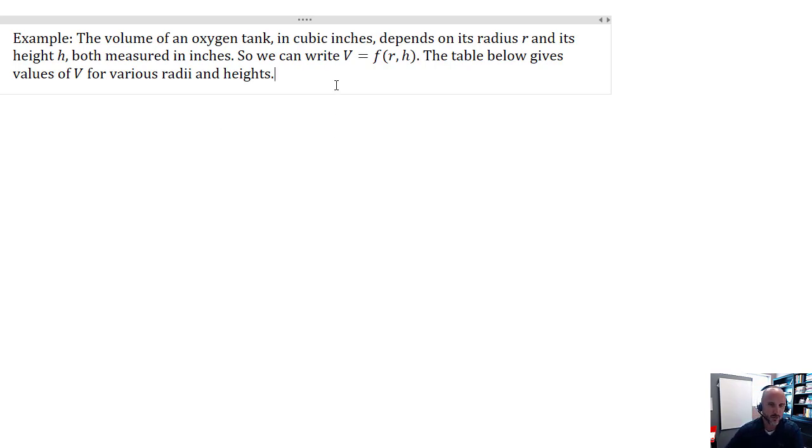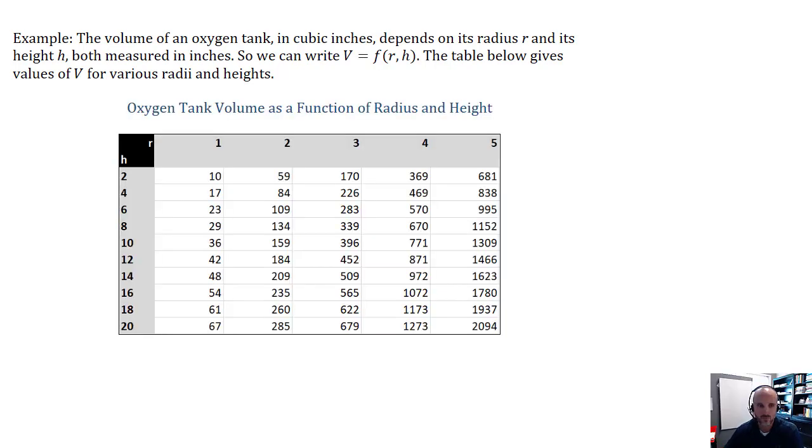I'm going to go grab the table, and if you want to copy it, if you're taking notes, you can pause the video and copy it into your notes as well. Okay, so we have our table here. We've got our r values listed across the top, measured in inches. We've got our height values measured down the left, in inches. And the numbers here are the corresponding volumes.